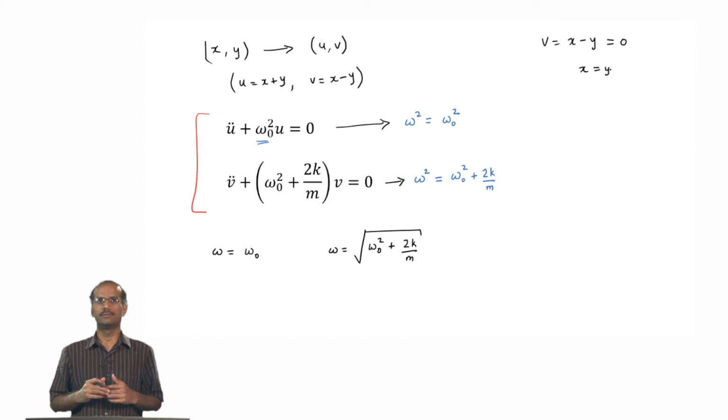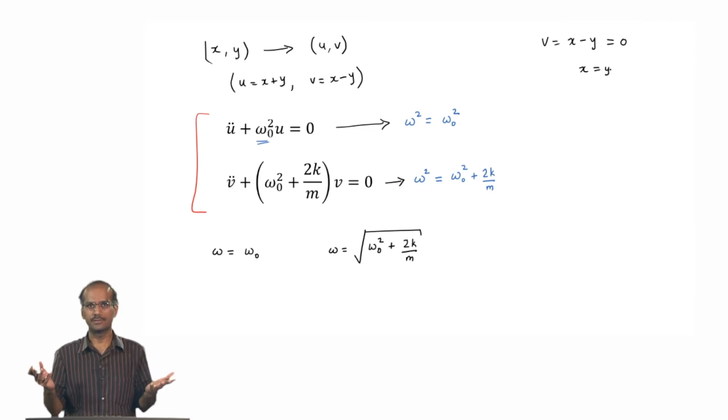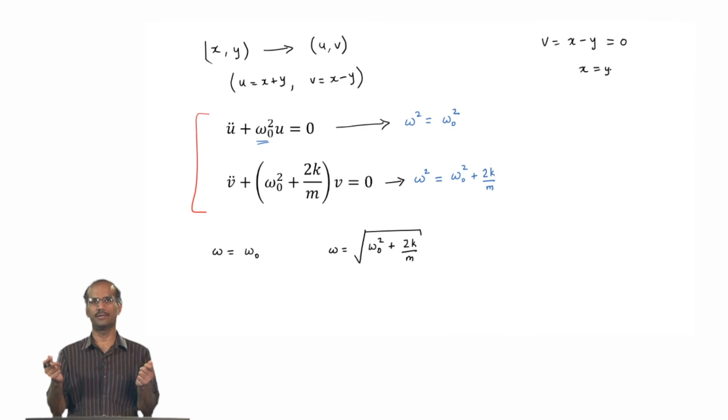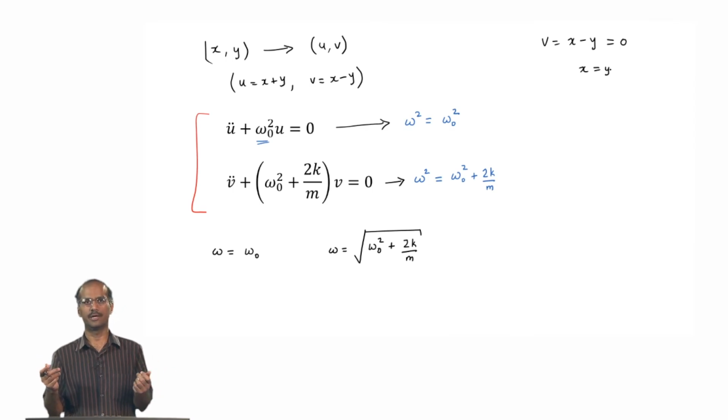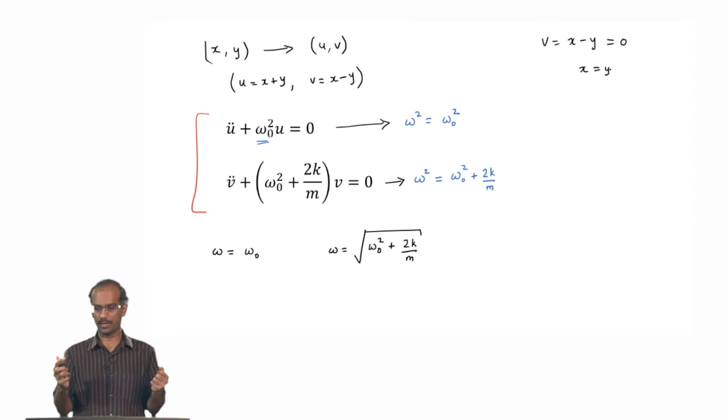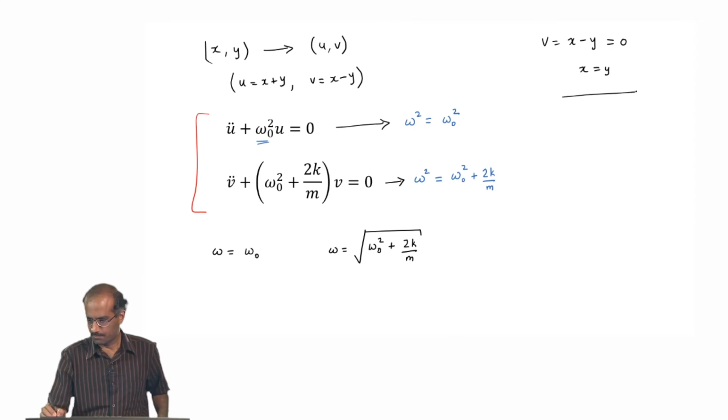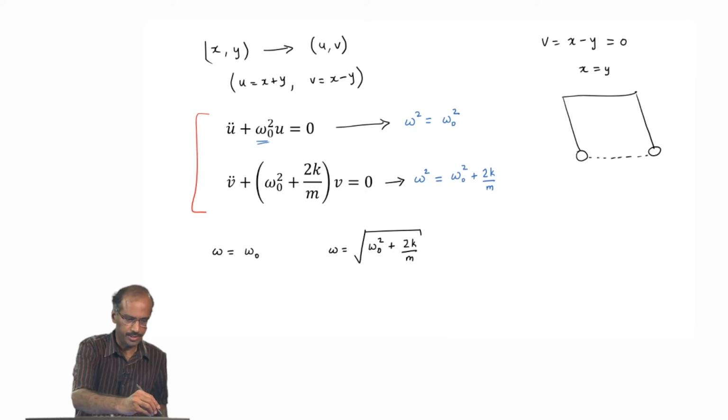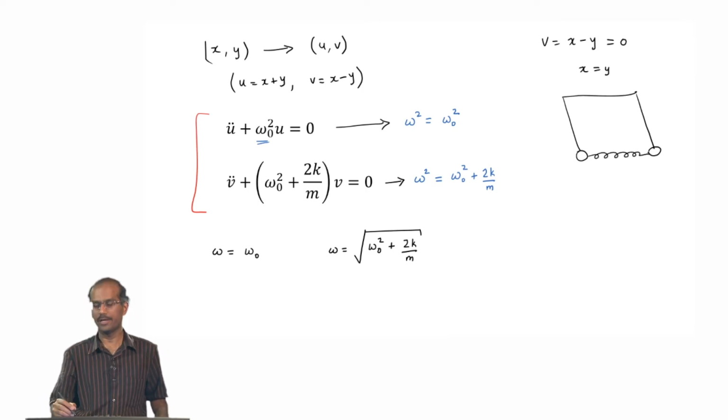Okay. So, the constraint here is that x and y, the displacements of each of the pendula, should be exactly equal and in phase. So, what we are looking at is that two pendula are essentially oscillating in phase like this, and the spring here does not play any role.